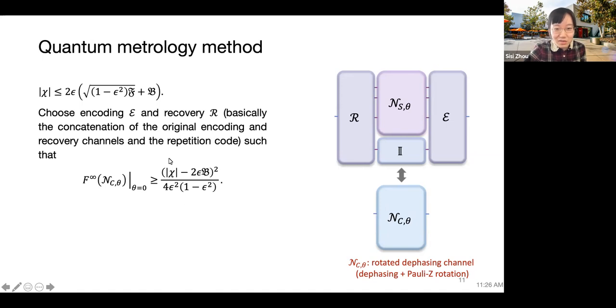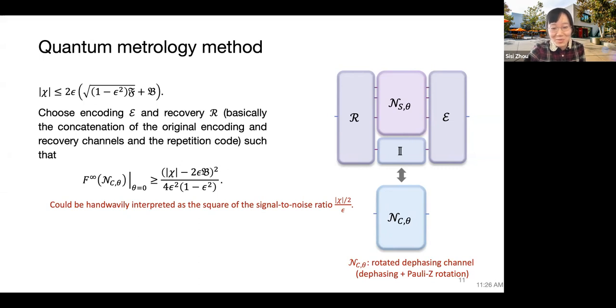This expression looks complicated, but you could hand-wavily interpret it as the square of the signal to noise ratio. The signal is the absolute value of chi. You can imagine that if you want to estimate some parameter theta, the strength of the signal is just the gap of the spectrum of this whole Hamiltonian. And you remember that the definition of chi is the gap between HS on the 0 code word and 1 code word.